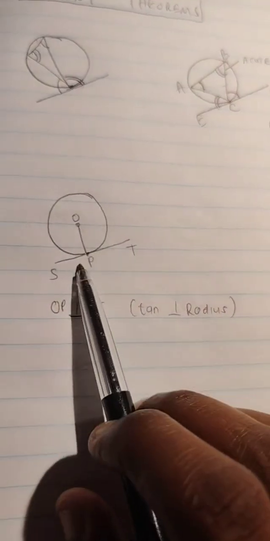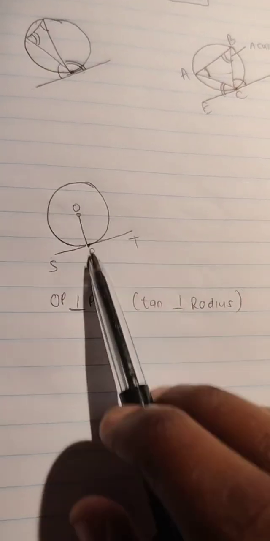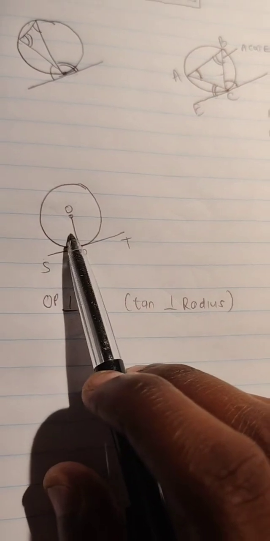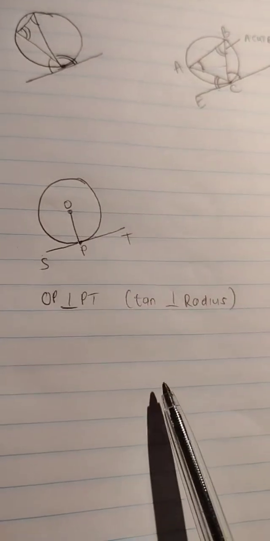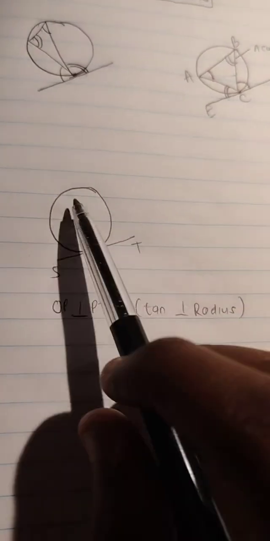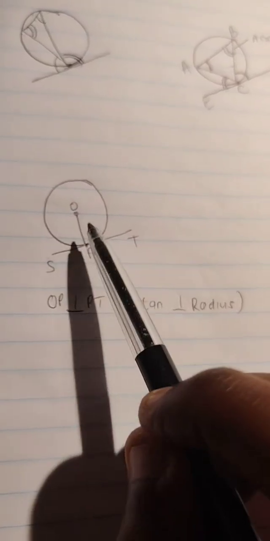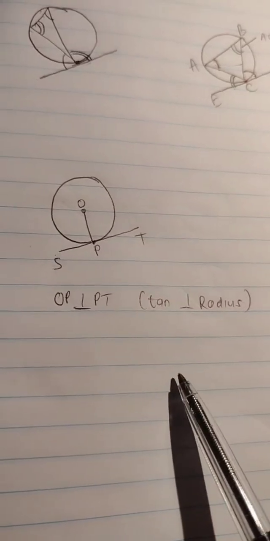If this is a radius, that is a tangent. The relationship that exists between a radius and a tangent is that they meet at 90 degrees. So we can say angle OPT is 90. We can also say angle OPS is 90 degrees.